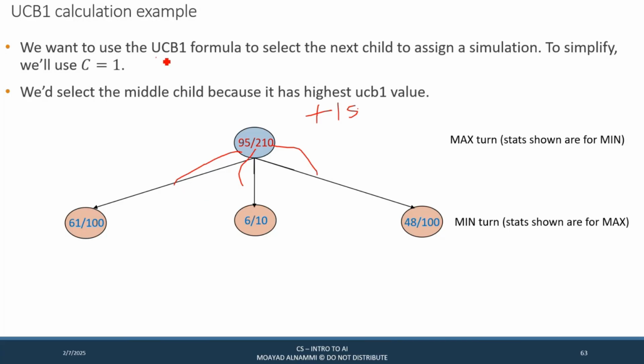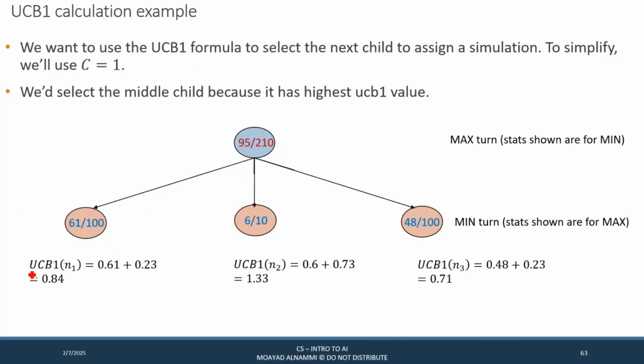Well, we're going to use the UCB1 selection policy. So I need to compute the UCB1 formula for child 1, child 2, and child 3. The UCB1 formula for child 1 is the win rate, which is 0.61, plus the exploration term. This is going to be the square root of ln 210, the ln of the parent, divided by the number of simulations at this child. You can compute this, you'll get 0.23.